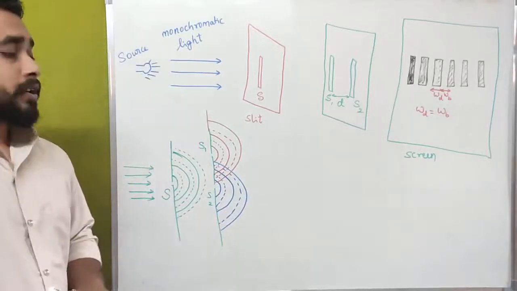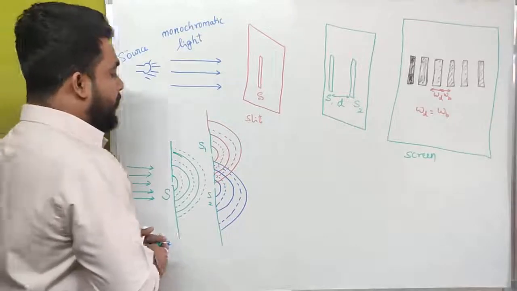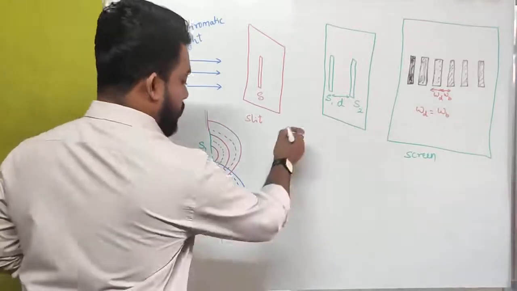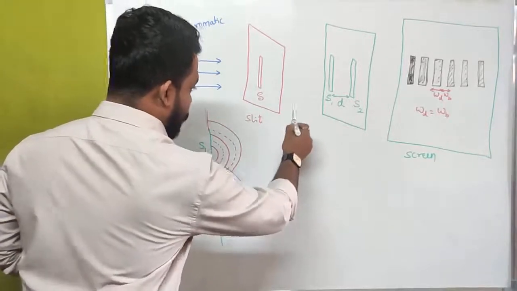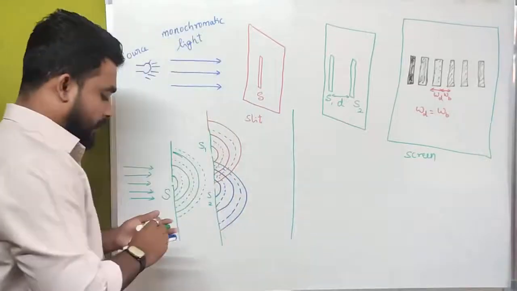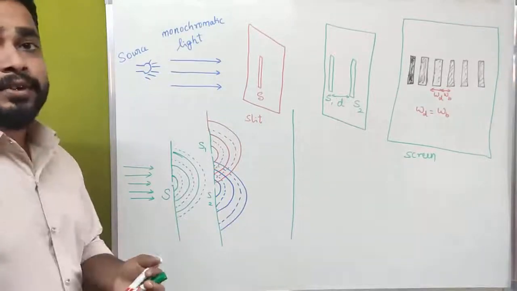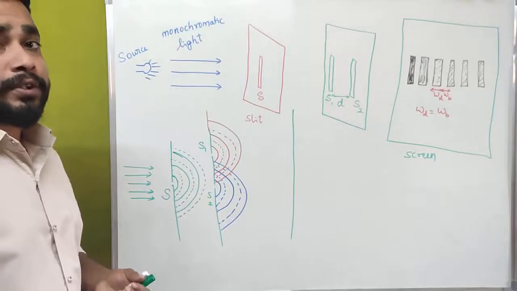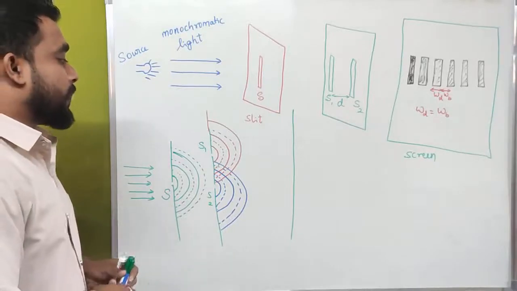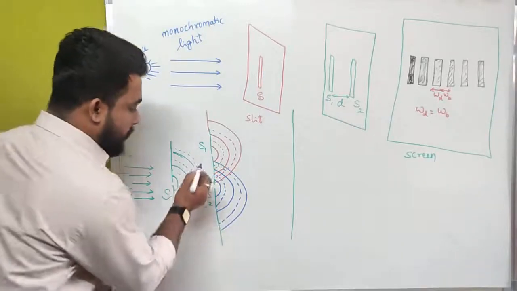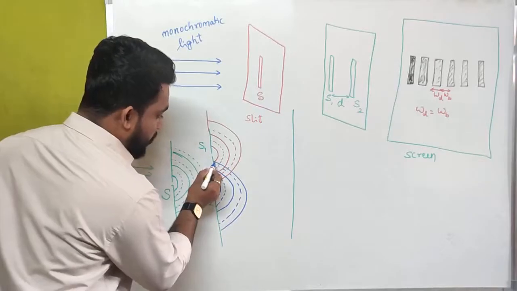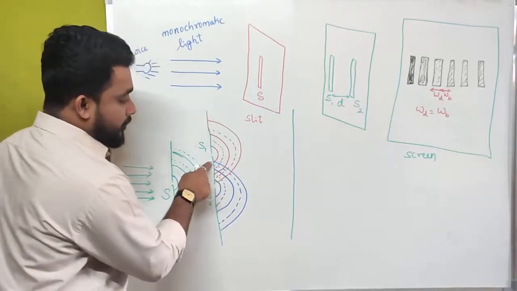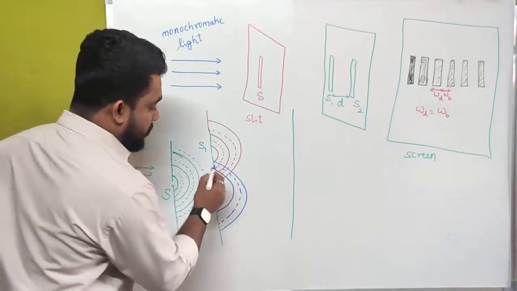Look at this diagram very carefully. Wherever the crest of a wave is superposed with the crest of another wave, we will obtain bright fringes. For example, this one. Here crest of one wave is incident on a crest of another wave.